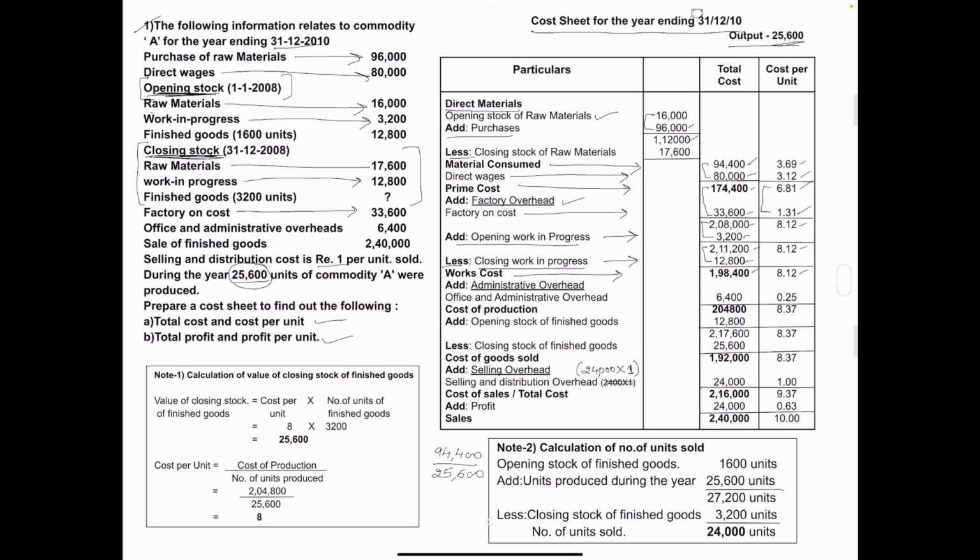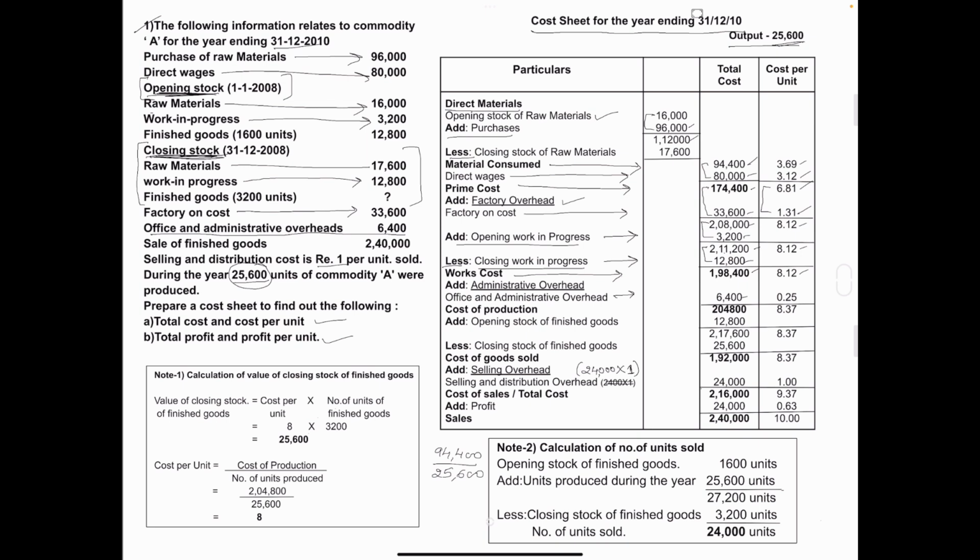In the problem, office and administrative overhead is 6,400. So write here office and administrative overhead amount 6,400.